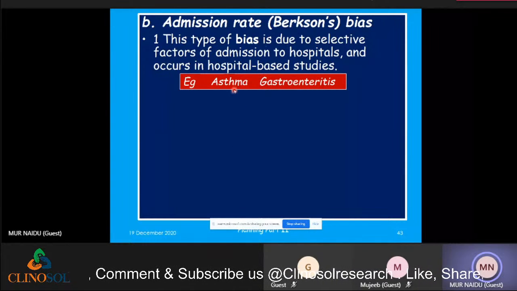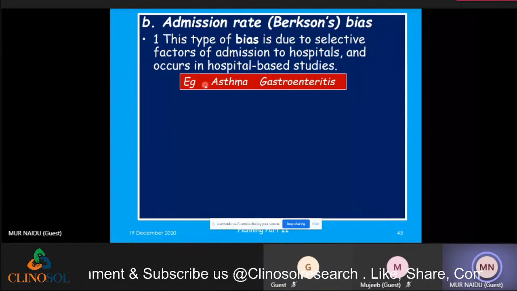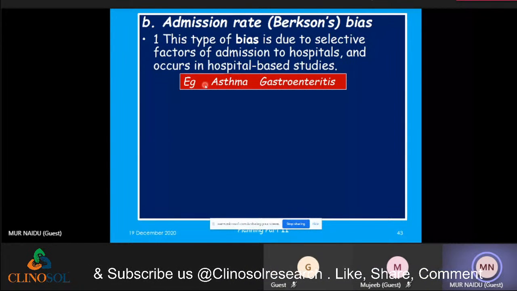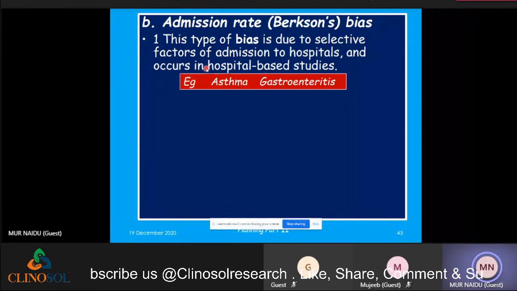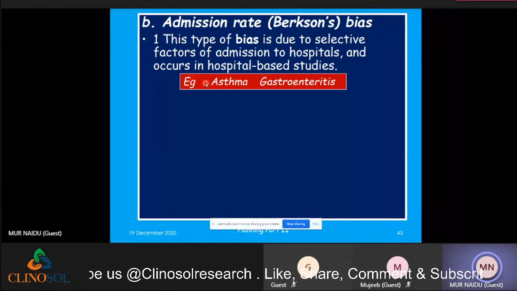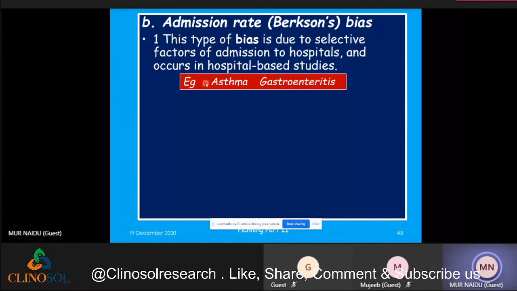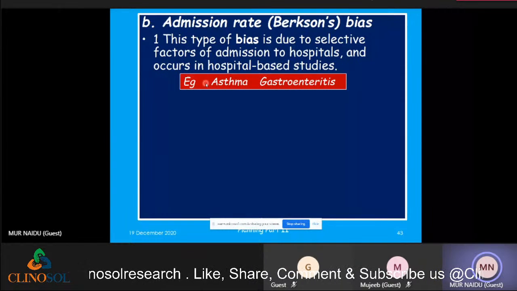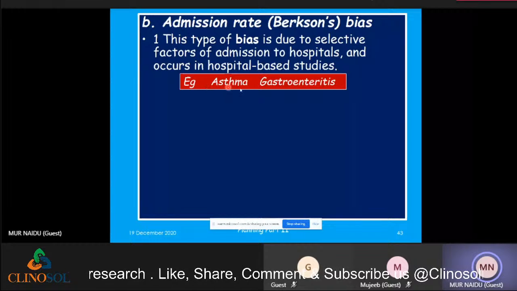I give an example: I want to do a study of asthma. I should know that asthma is more common and more patients will come to hospital to attend during an asthmatic attack only when there is a cold climate or a lot of humidity in the weather. If I do the asthma study in summer, the number of patients will be very few. So this is one.